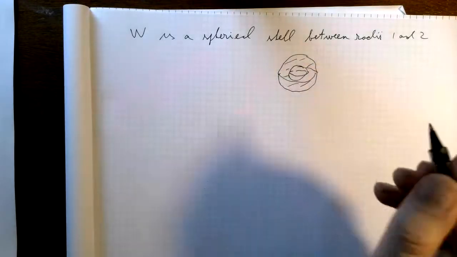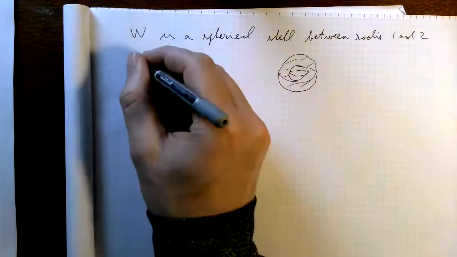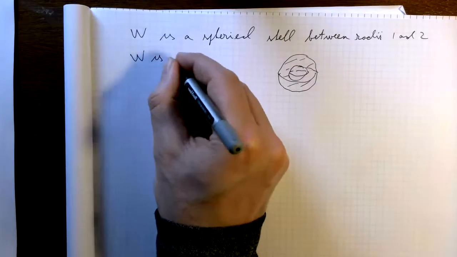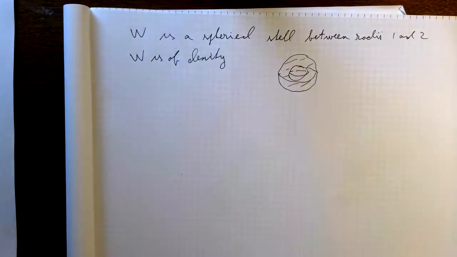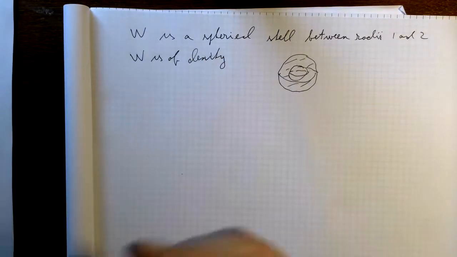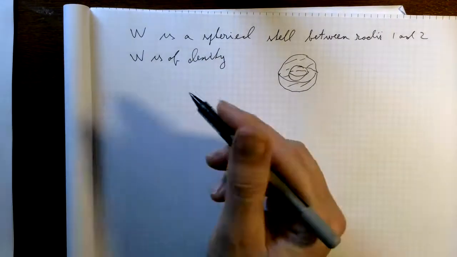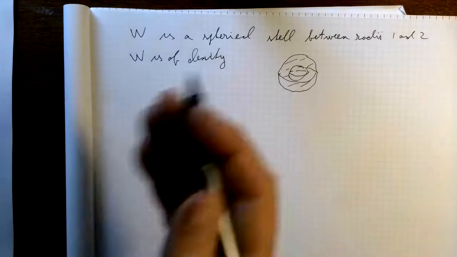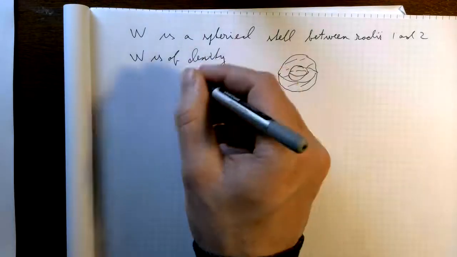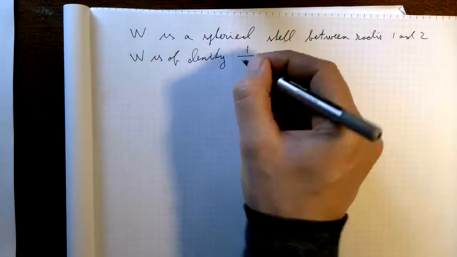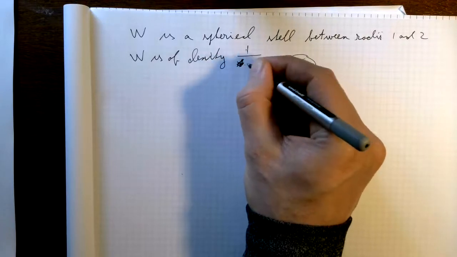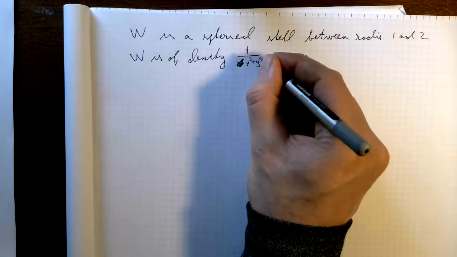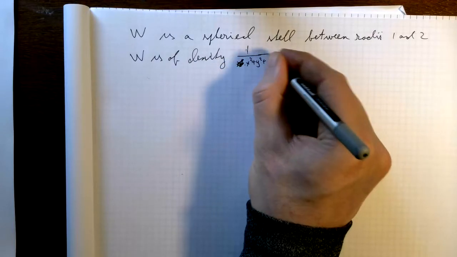So let's suppose W is of density, and let's not give units here. It's in whatever units we'd use, as long as we use consistent units. Let's suppose it's of density 1 over x squared plus y squared plus z squared, right?